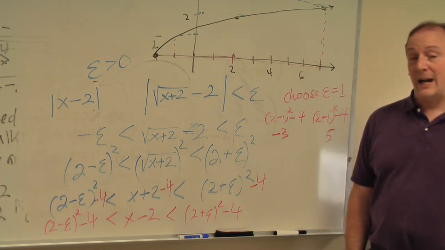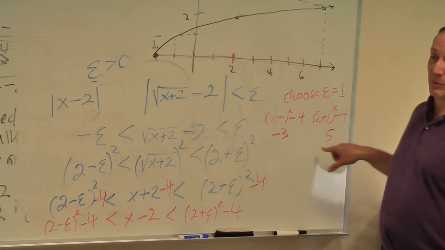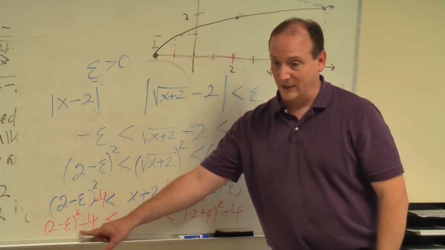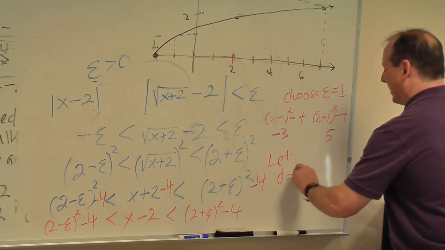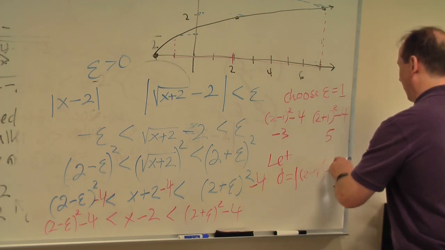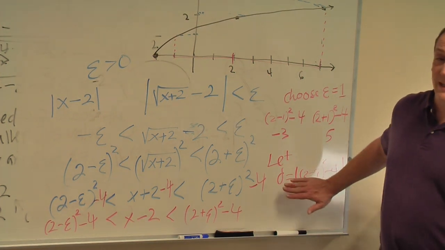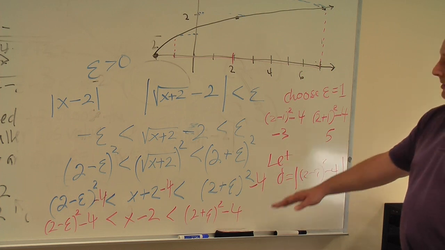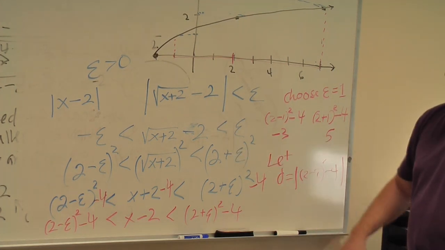Which one has the smaller absolute value? Well, 3 has a smaller absolute value than 5, so that's telling you that I want to pick that one. That's the smaller one. So I'm going to let delta equal the absolute value of 2 minus epsilon, squared, minus 4. And again, this is not the proof. This is telling me the value of delta I need, and then I would literally reverse the steps to write the proof of what I was doing over here.